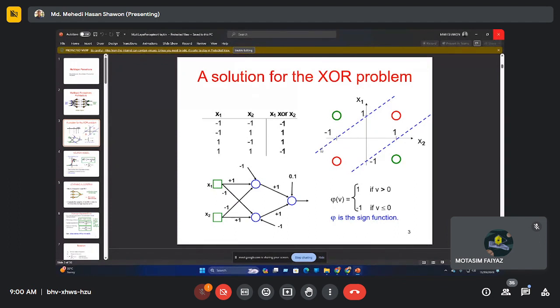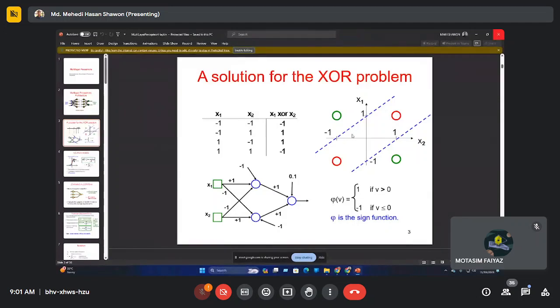Why one straight line? Because each neuron considers x1, y1 with some weights and some bias. So it is an equation like a straight line function. So each neuron will produce one straight line.